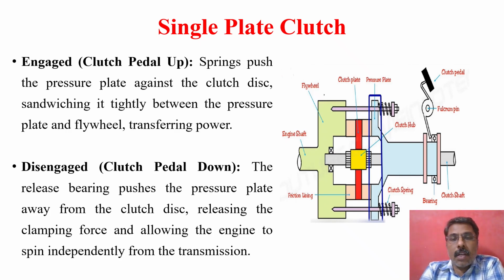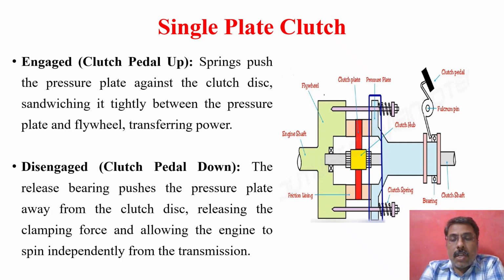In the single plate clutch, two main operations are to be considered to transfer the power from the drive shaft to the driven shaft. First, the clutch is in the engaged condition. Only then is the power transferred from the driving shaft to the driven shaft.